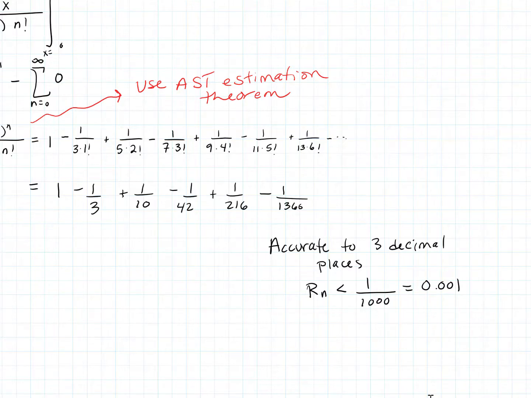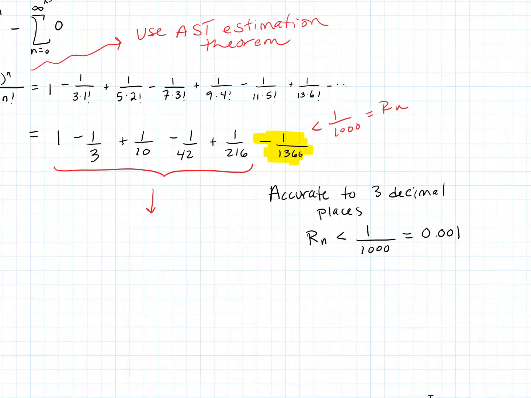And so that occurs here, notice that this term is less than 1 over 1,000, which is what we wanted the remainder to be. So if I were to add up, and again, we call this the 0 term, 1, 2, 3, 4, the first 5 terms here, this sum will be accurate to within 3 decimal places.